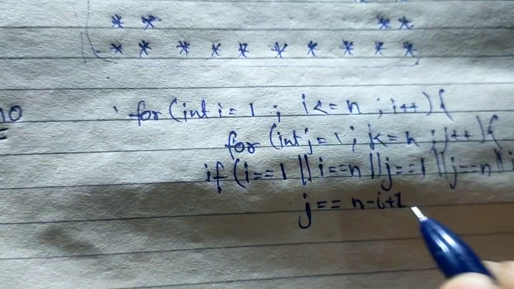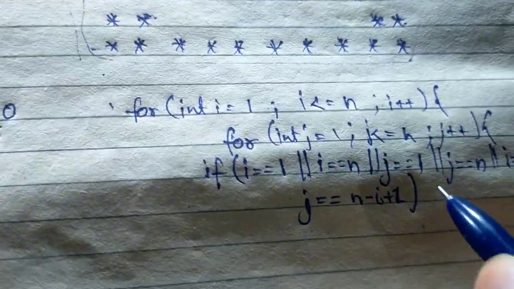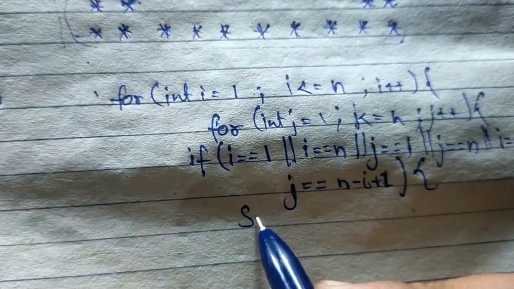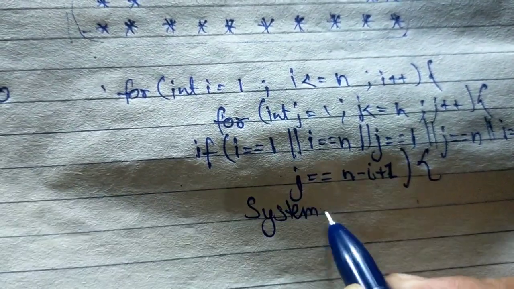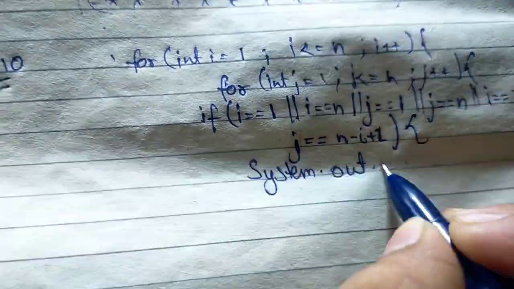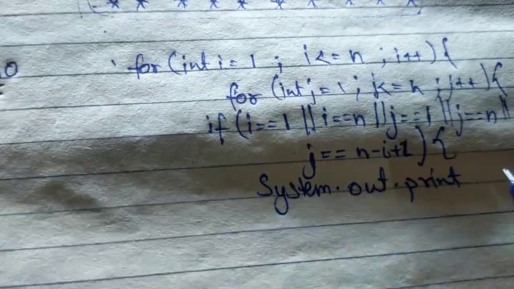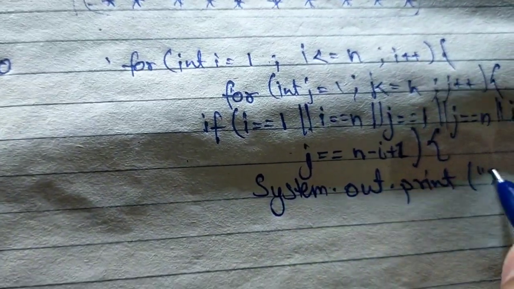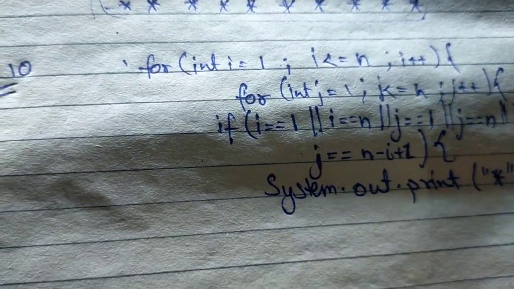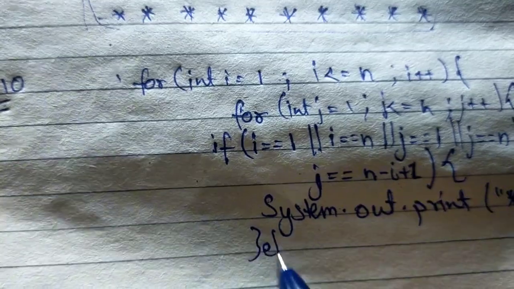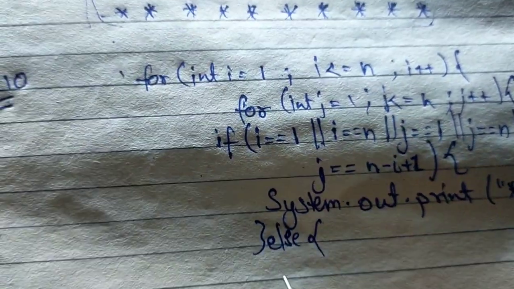If j becomes this, then we print stars using System.out.print. Else, we print spaces.